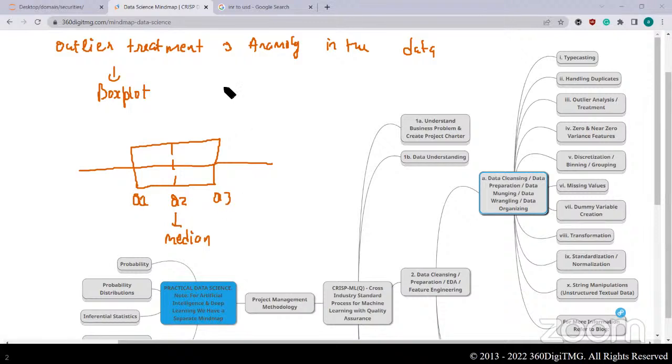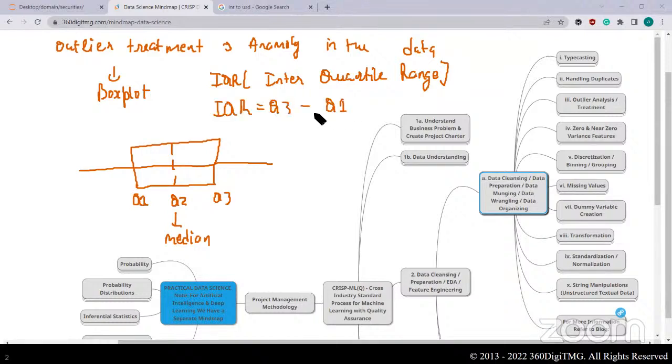So first we calculate something we call IQR. IQR is interquartile range. IQR is calculated as Q3 minus Q1.